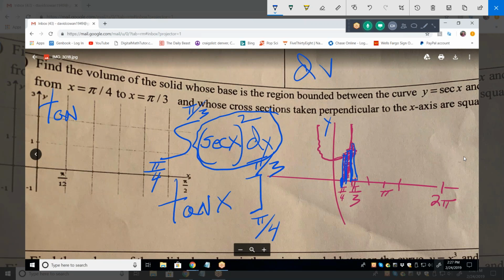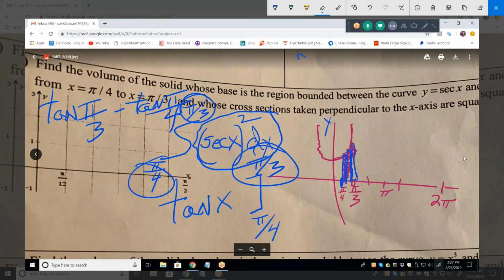So what is the tangent? We start with the top. So we have the tangent of pi over 3 minus the tangent of pi over 4. Right. Because it is a definite integral, we don't have a c. The c gets thrown out in the wash, kind of cancels itself out.